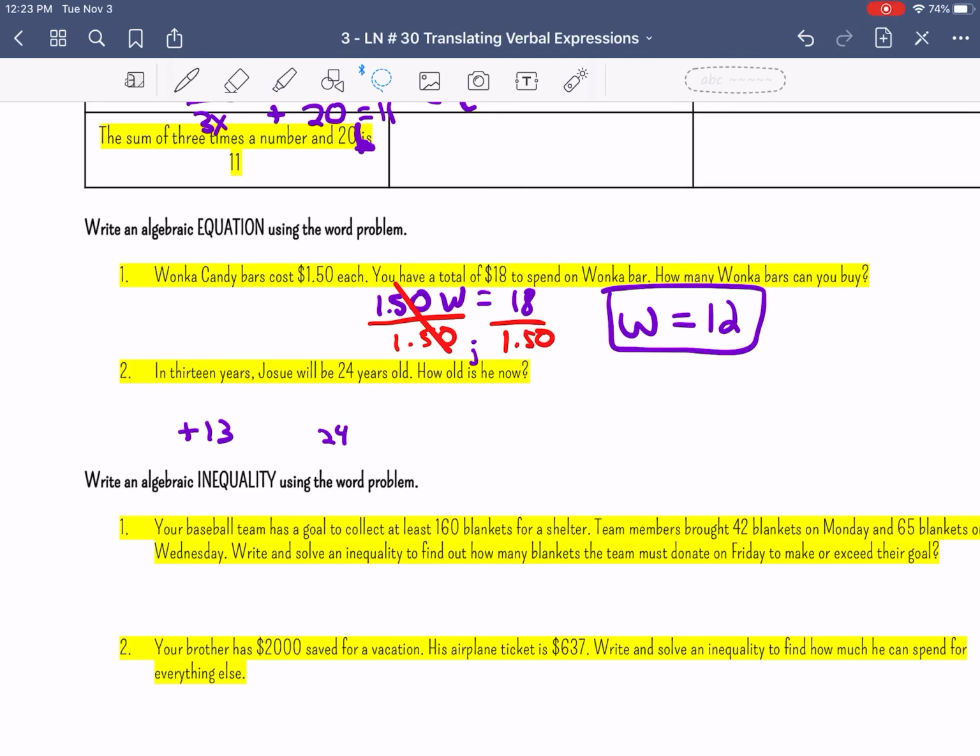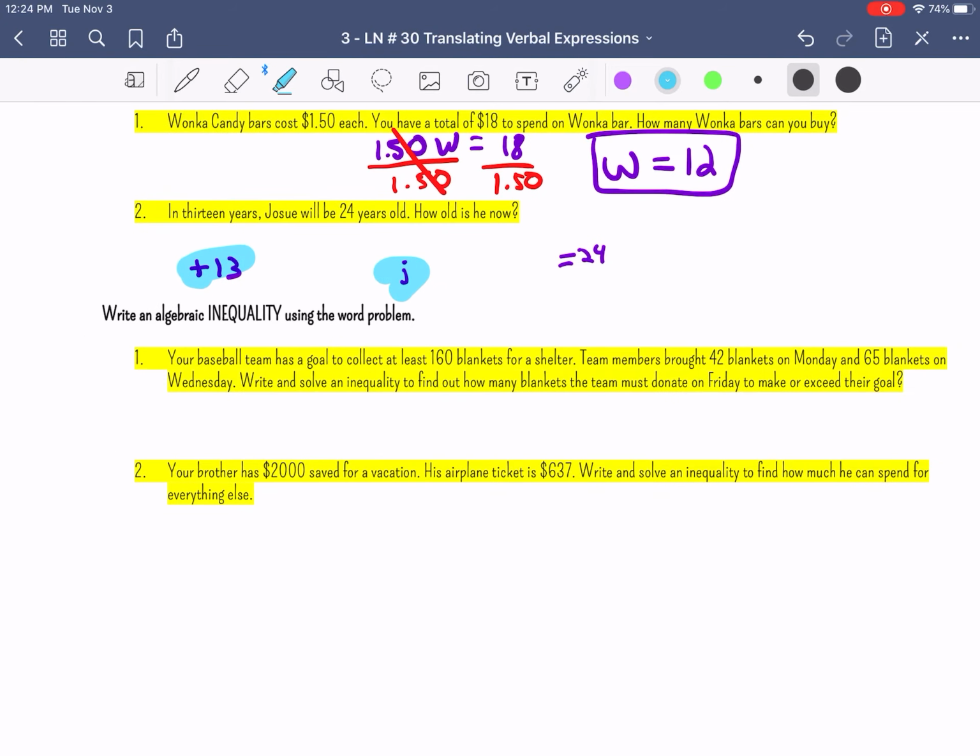So how old is he now? So he will be gives you the equal. So you can keep this together. This is going to be one term, and it's going to be at the end, right? So how can you arrange these into a math sentence and solve it? Okay, so do that on your own.